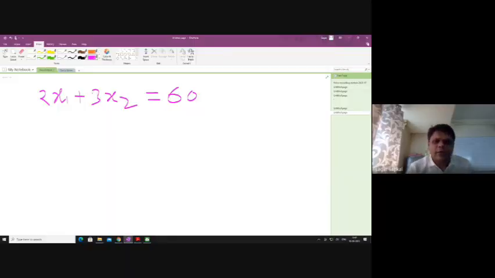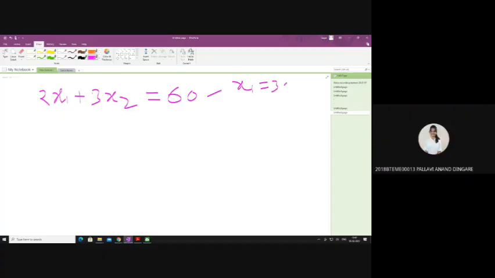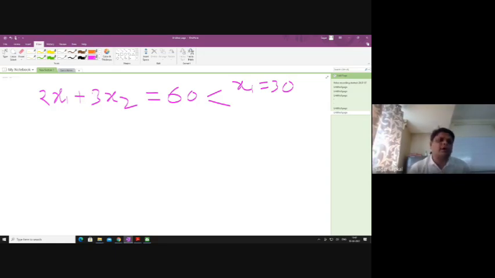Now if you consider drawing the graph for this equation, put x2 equal to 0 first and find the value of x1. So how much will x1 be if x2 is equal to 0? Is it 30? Yes, sir. Okay. Then put x1 equal to 0 and find x2.